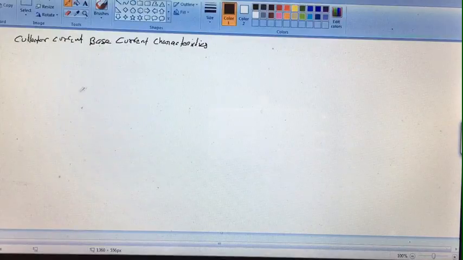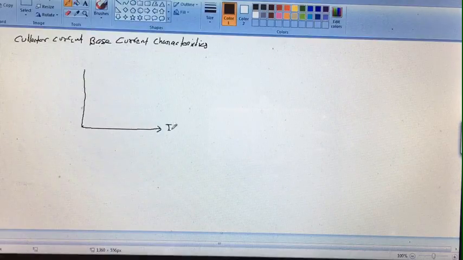We will keep collector current on vertical axis and this is our IB and this is our IC. IC is in milliampere, IB is in microampere.